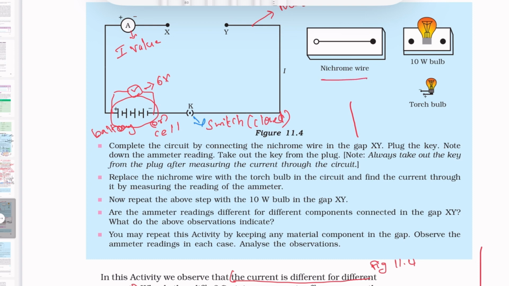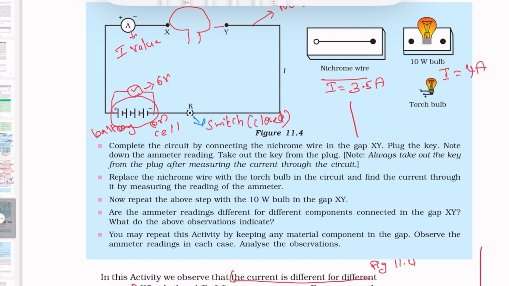Current is different for different materials. First, let us take this nichrome wire. If I connect it here in the gap given, when I check the current I, consider it is giving me 3.5 amperes. Then instead of this wire, if I connect the bulb here, the bulb may show me a current of 4 amperes.